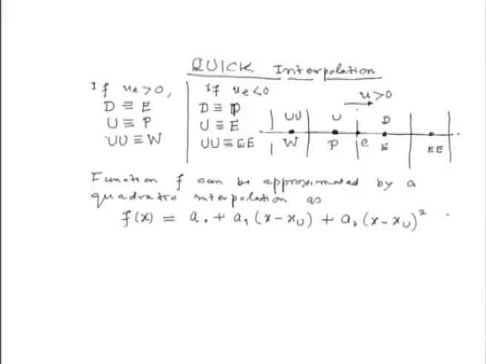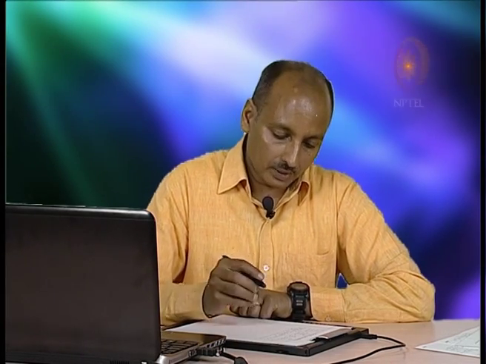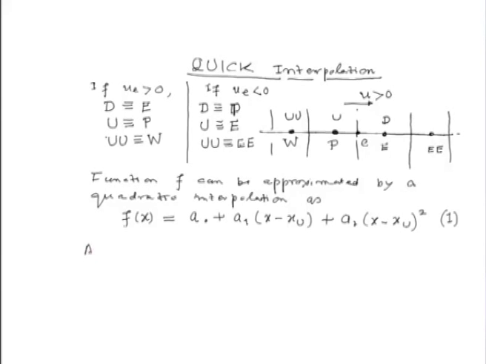Let us call this equation 1. Here a0, a1 and a2 are the coefficients which we need to work out. Now, what will happen if we choose x equal to x_u? At x equal to x_u, f_U is equal to a0.